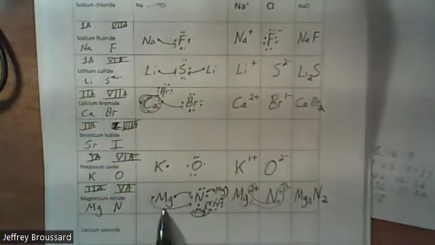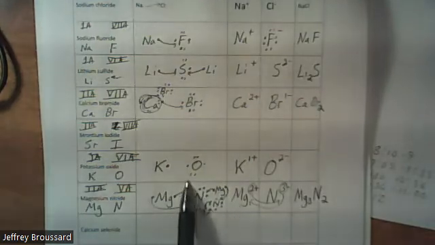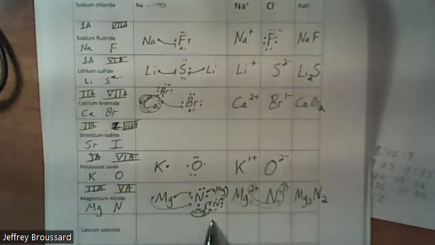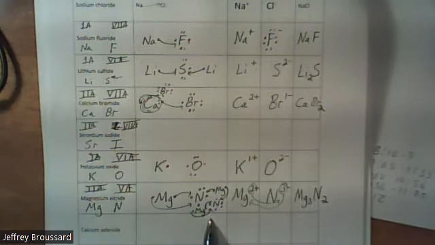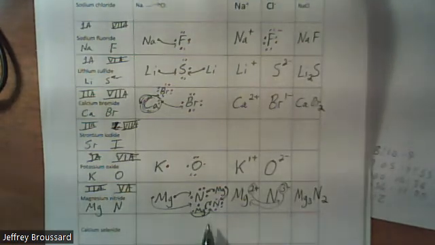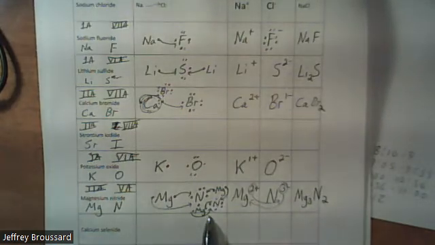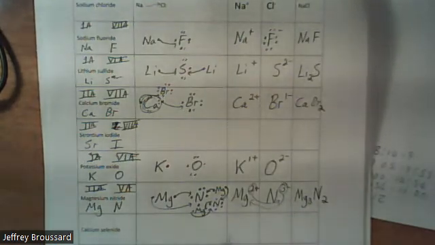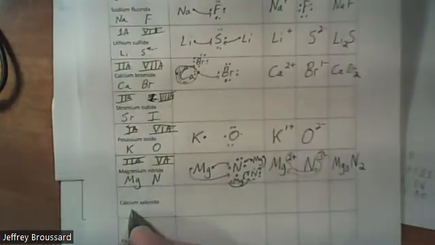And if you didn't get all this, which is fine on the first time, you'll get it later. We'll keep trucking on this, and it will hopefully make some sense as we try more problems. All right, with that said, let me go ahead and do calcium selenide, that's CaSe, and aluminum sulfide, AlS.